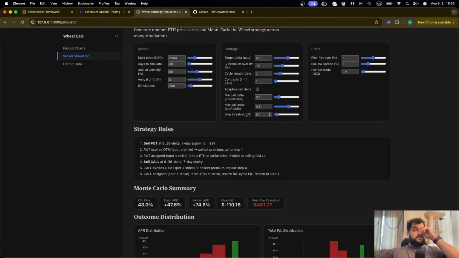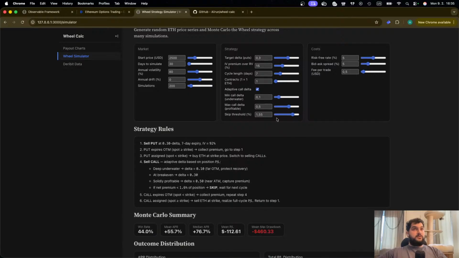Okay, so skip threshold is 0.1%. I don't see that is okay. I don't have it adjusted like this.